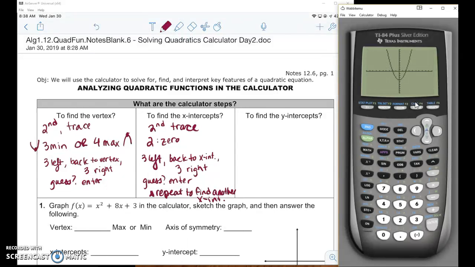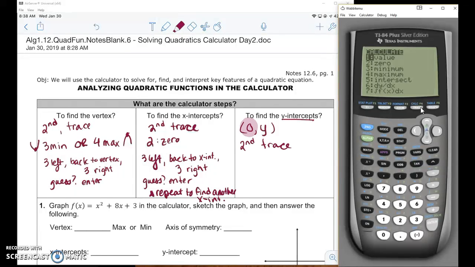To find the y-intercept, we have to remember that for a y-intercept, this means that the x value equals 0, always. So, in my calculator, I'm going to go to second, trace. And since we know an x value, we are going to choose option 1 for value.